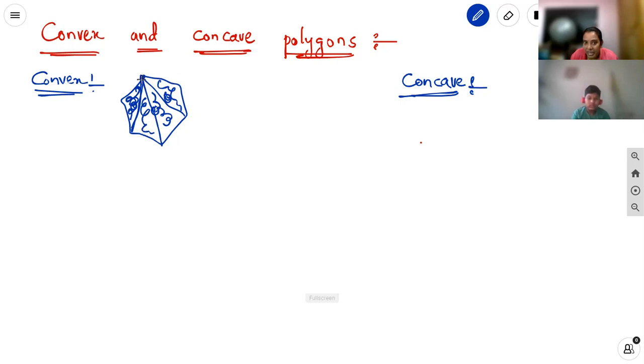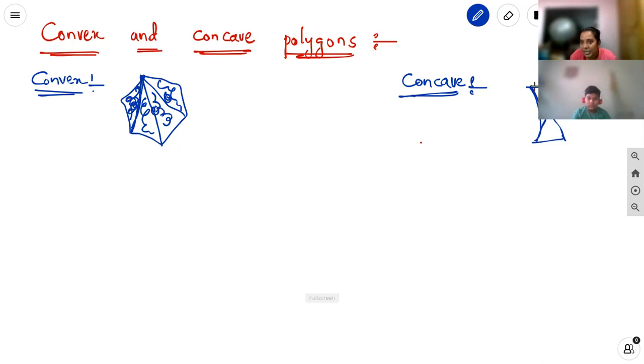When we draw the diagonal, if the area is inside, then such a lens is called a convex lens. For example, this is convex, and this is a concave lens.